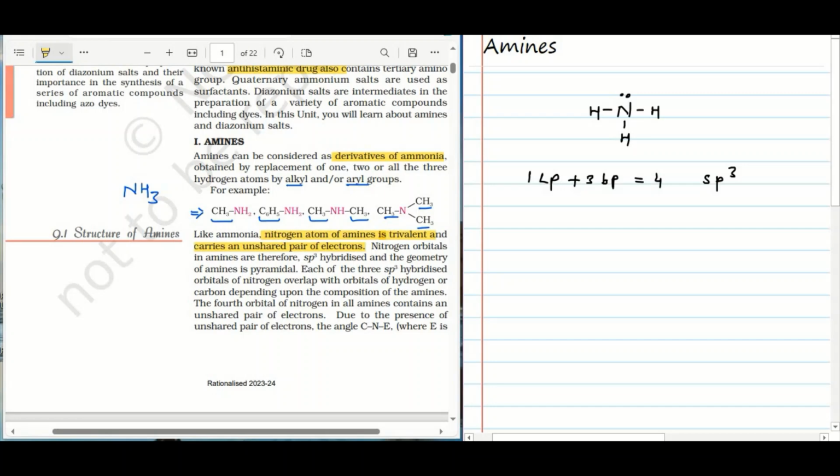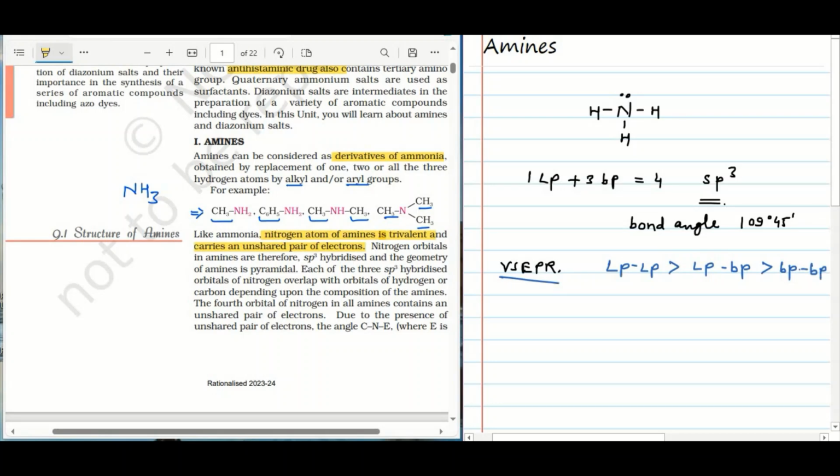As the hybridization is sp3, the bond angle for sp3 is 109 degree 45 minutes. But due to the presence of the lone pair, according to VSEPR theory, valence shell electron pair repulsion theory, there is maximum repulsion between lone pair and lone pair, then lone pair and bond pair, then bond pair and bond pair.